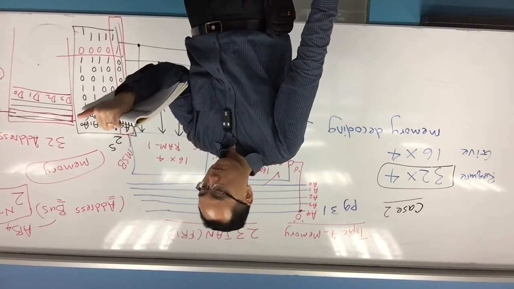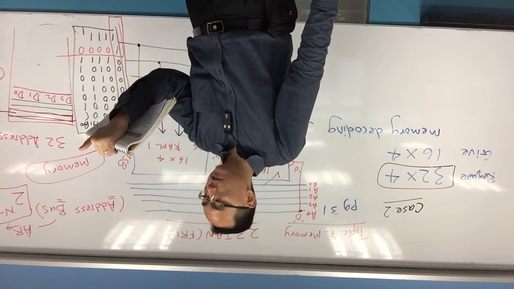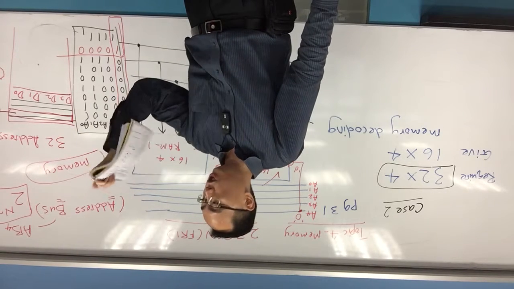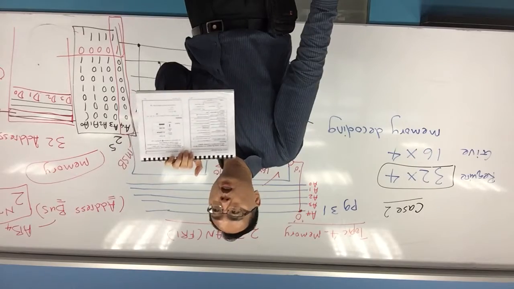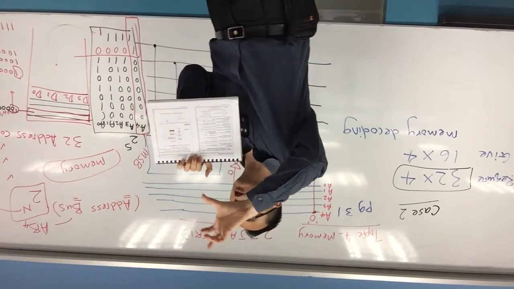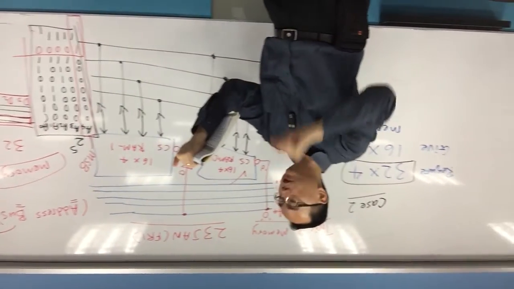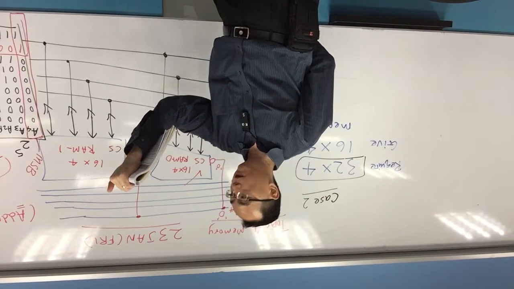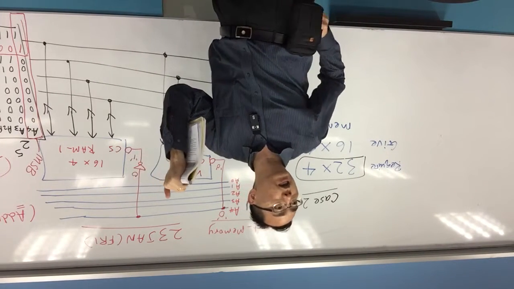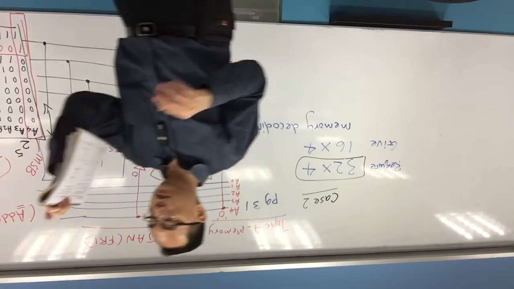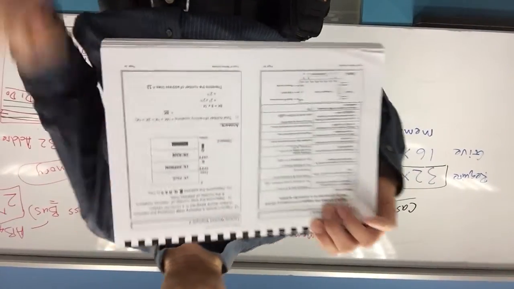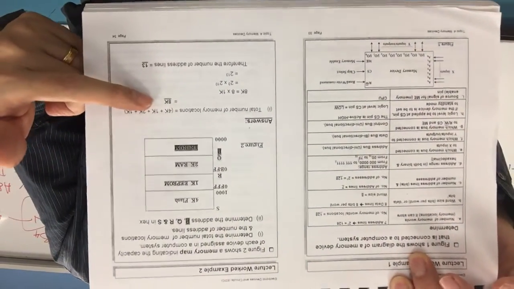First of all, to answer that question on page 34, you need to work out the total capacity of the memory. Looking at the answer there, you can see that the total memory capacity is 8K.